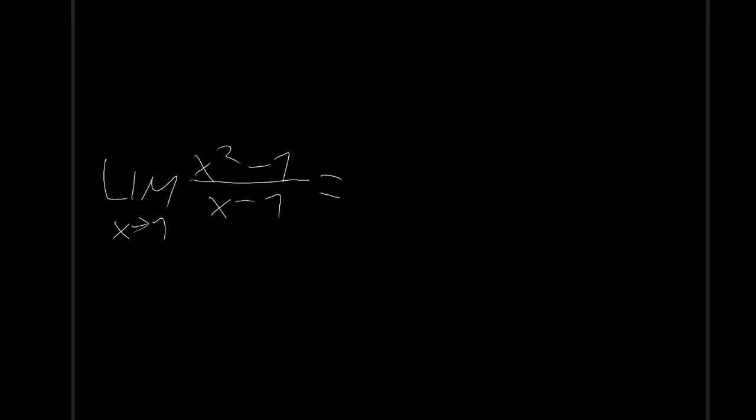L'Hopital's rule basically says that when you've got a limit of a fraction where you have either infinity over infinity or 0 over 0, not infinity over 0 or 0 over infinity, just 0 over 0 or infinity over infinity, you can rewrite this as the limit as x approaches that same value, which is 1, but instead of the same fraction, you would just have the derivatives of both parts.